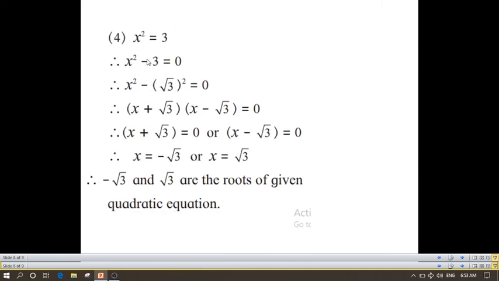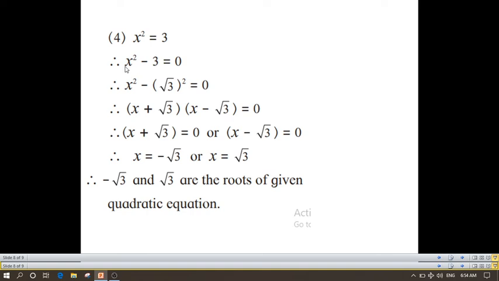Next example, x² = 3. See, this is also not in the general form. So transfer 3 to the left hand side, we have x² − 3. Observe that here the middle term is absent. So we can solve this quadratic equation by inserting the middle term 0x, or observe that 3 is the square of root 3.